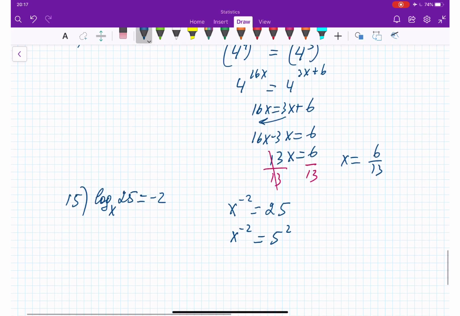All right, I have one base, which is x, and another base, which is 5. So one exponent is negative 2, another exponent is positive 2. Now, can I convert the positive 2 exponent into a negative 2 exponent? Of course I can.